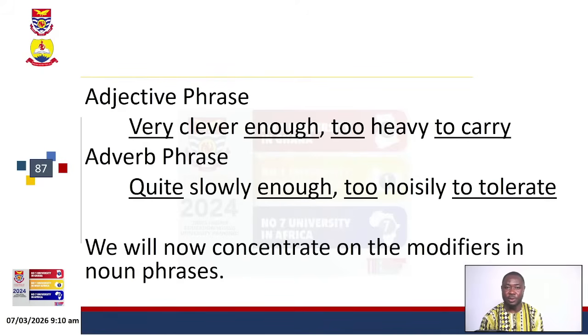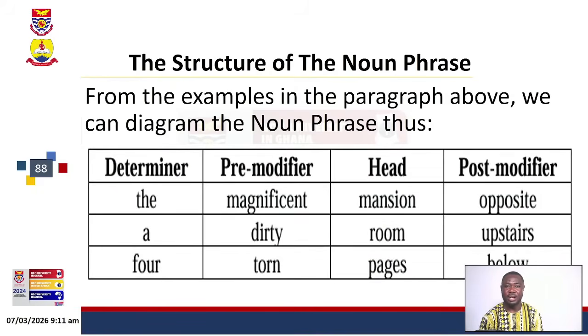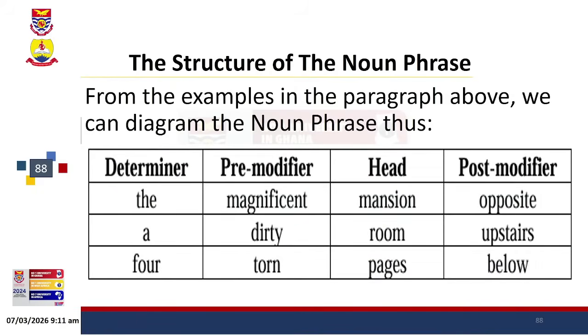Now we are going to pay attention to the modifiers that were used in the noun phrase. So this is the structure of the noun phrase. From the examples in the paragraph above, we can diagram the noun phrases. The head word, for instance, is mansion in the first example.